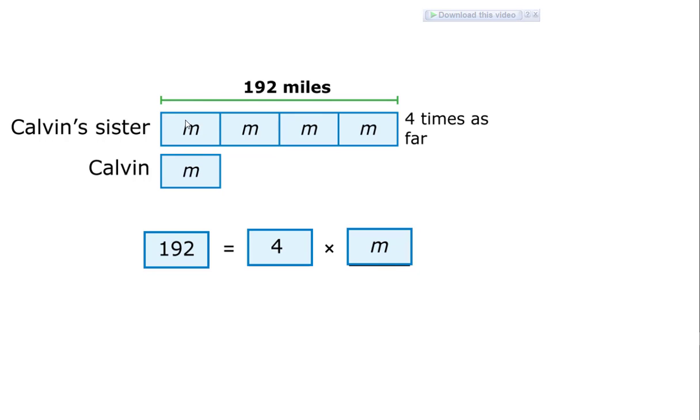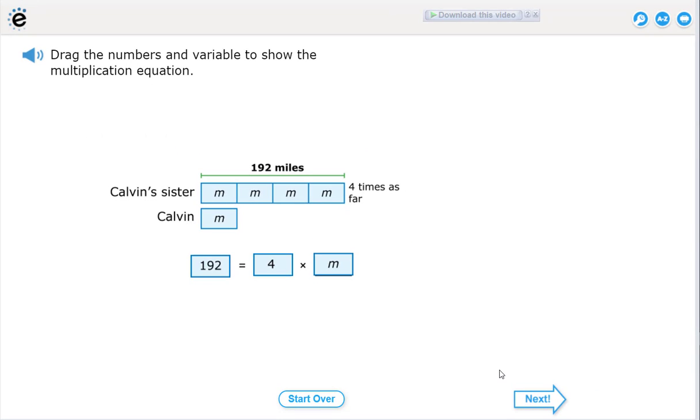Yes, because if you can see here with me in the image, we have 192 as the total number, and we divide this number into 4 parts. So 4 m's, m, 4 times, equals 192. Thank you, my hero.